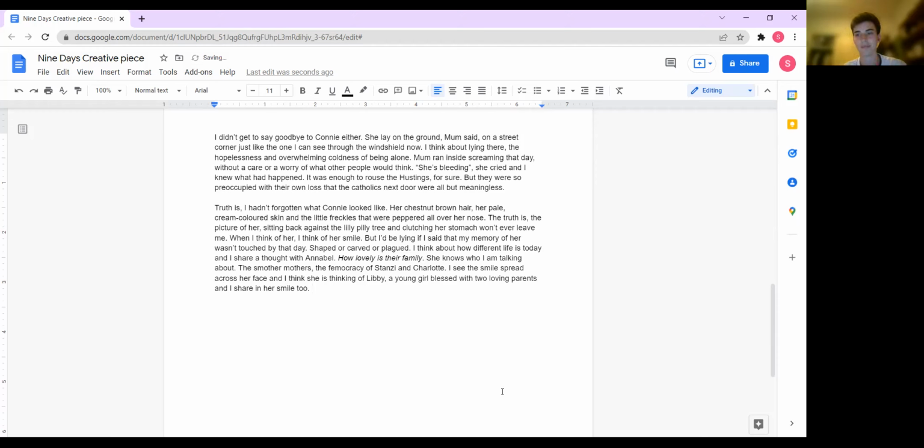So Kip and Annabelle both really had lost a parent, and so to see Libby with two loving caretakers, Charlotte and then Stanzi, who's not her parent, but acts as a parent, would be really something that would warm them, I guess.